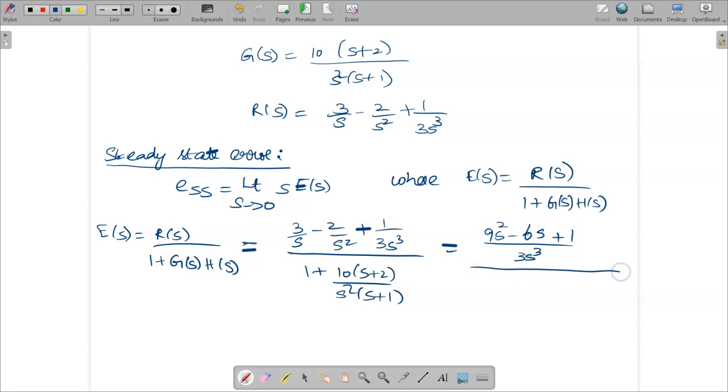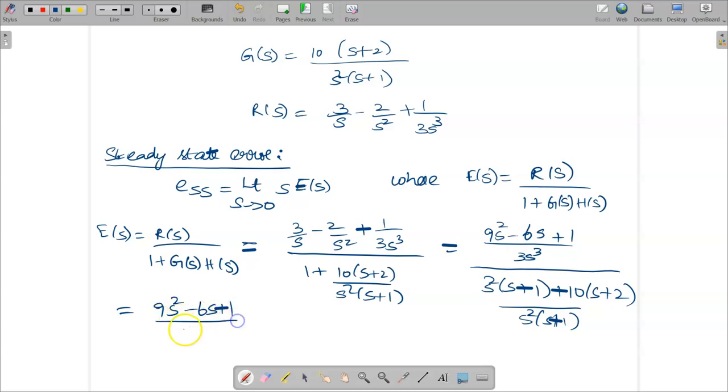Okay, the whole divided by, now the denominator LCM is s square into s plus 1. Okay, so here 1 I don't have any term, just multiply this term with this. So 1 into any term is that particular term. So s square into s plus 1 plus 10 into s plus 2. Okay, so now the term is 9s square minus 6s plus 1 divided by 3s cube. So this term you can take to the numerator, so reciprocal your term.